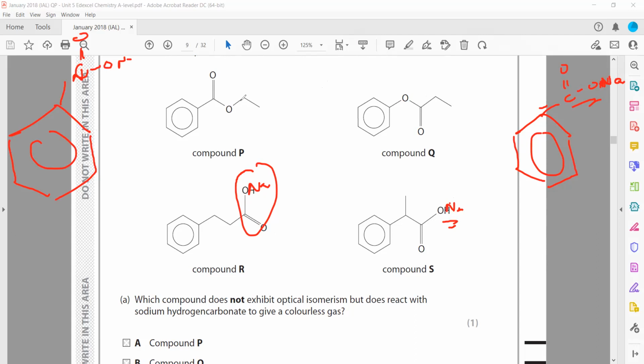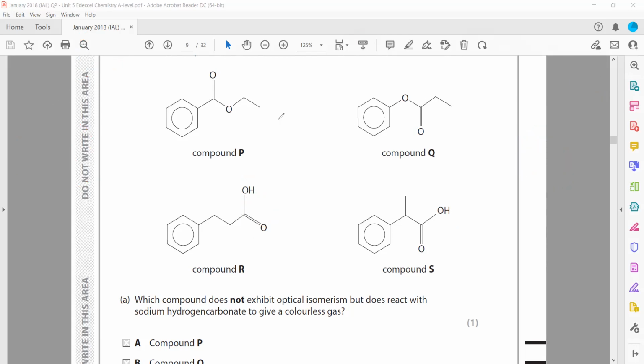Now for this one, P and Q are both esters. First, they will hydrolyze, they will break down. Remember, when an ester breaks, one side will become alcohol and the other side will become acid.